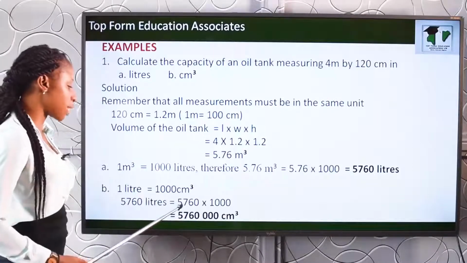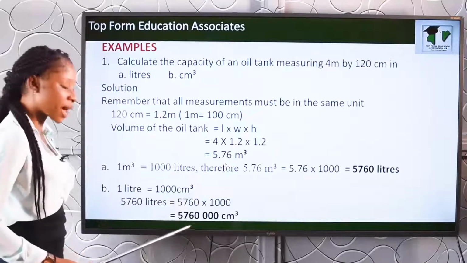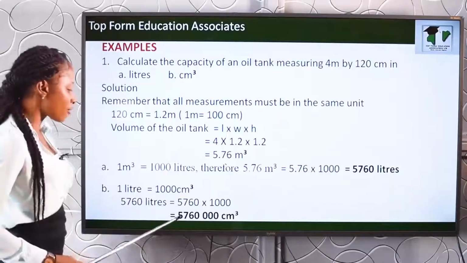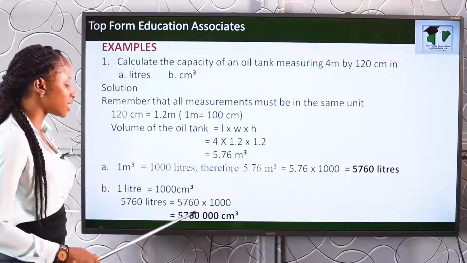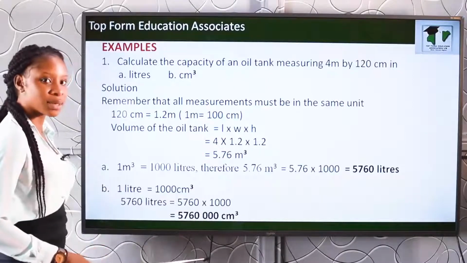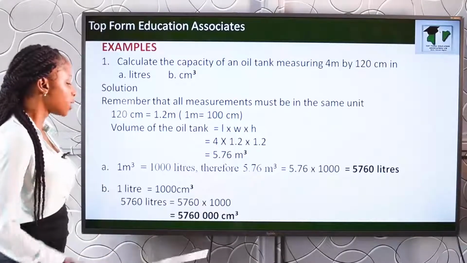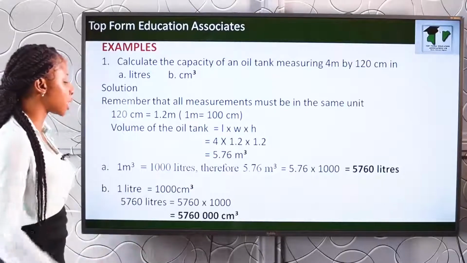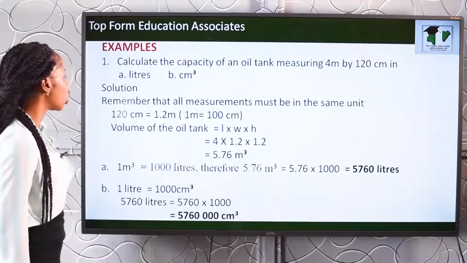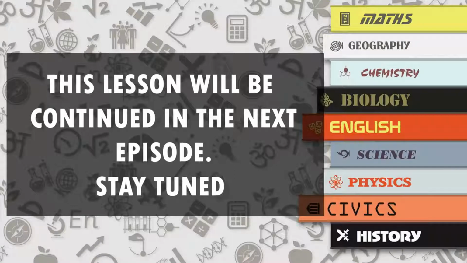We have 5,760,000 centimeters cubed. This is the capacity of this oil tank in centimeters cubed.